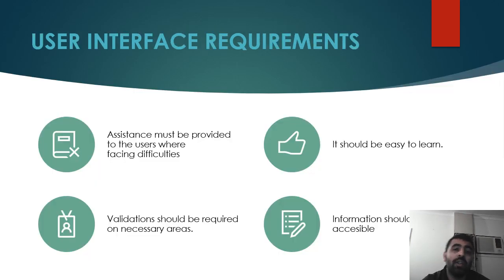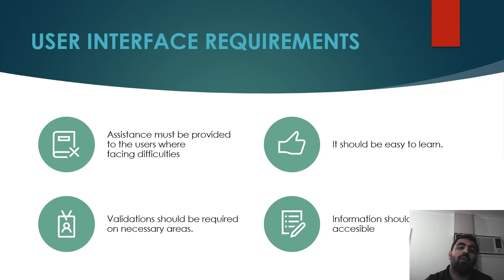Here are some user interface requirements. What must the interface requirements be? First of all, assistance must be provided to users who are facing difficulties. All the guidelines must be available where help is required. Also, it should be easy to learn and easily adaptable for the user, given the new changes that are made in the interface.